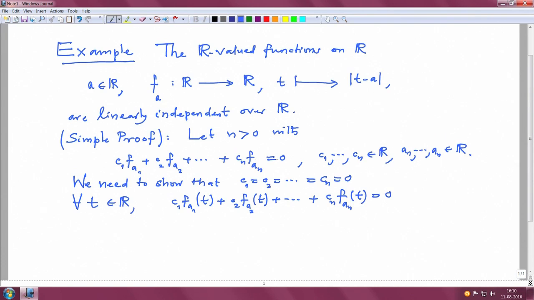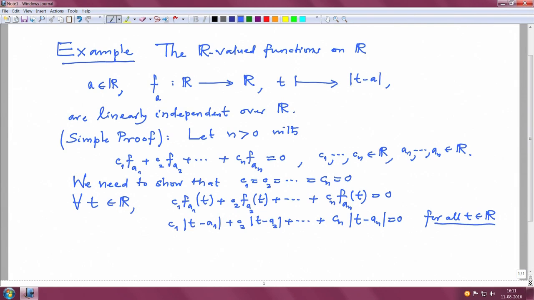That is the meaning of this equality. But then by definition of these functions, this is nothing but C1 mod of t minus a1 plus C2 mod of t minus a2 plus Cn mod of t minus an. This is 0 and this equality is true for all real numbers t. This is important.